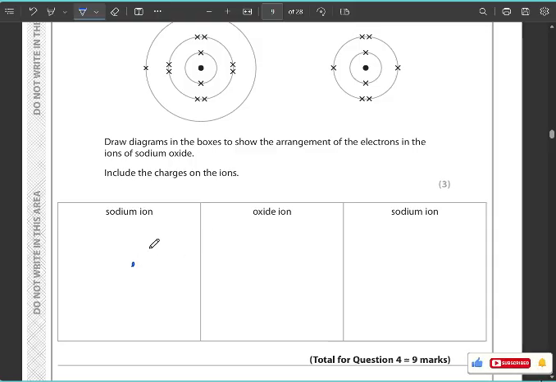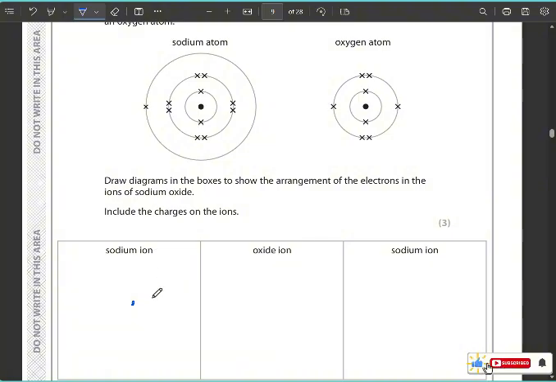Nucleus of sodium atom, sodium ion, and first electronic shell, 2 inner electrons. If it gives 1 electron to the oxygen atom, there will be no electron left in the outermost shell.